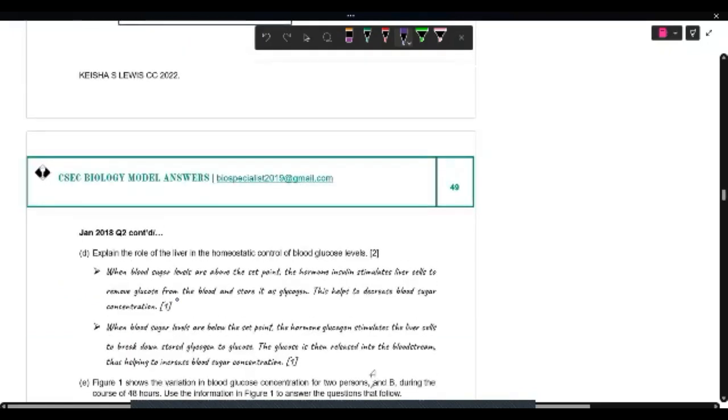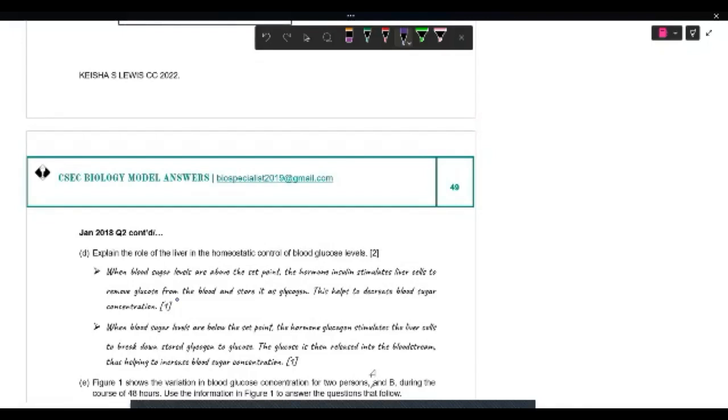Then we have to talk about the role of the liver. So what role does it play? What does it do? Well, the liver definitely responds to these 2 hormones, insulin and glucagon. So in response to insulin, which would be released if the blood sugar level goes above the set point. So you have a set value at which blood glucose should be, and that is called your set point.